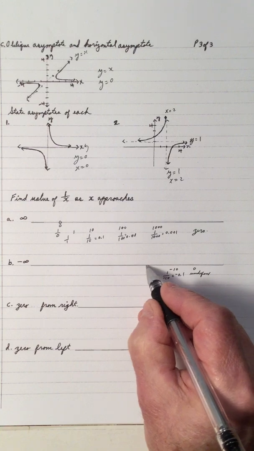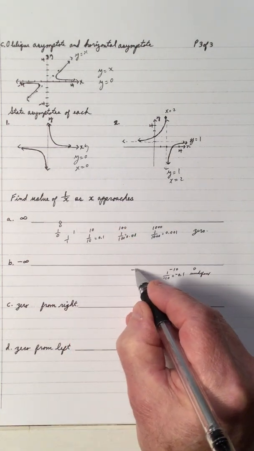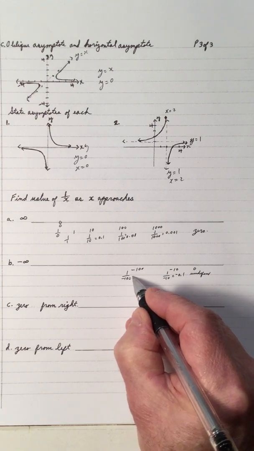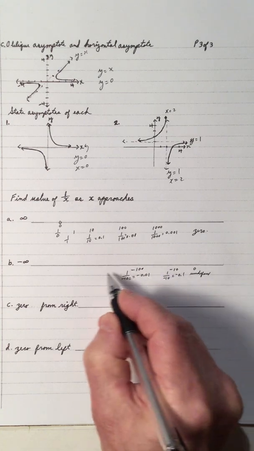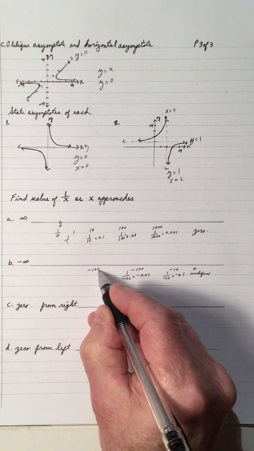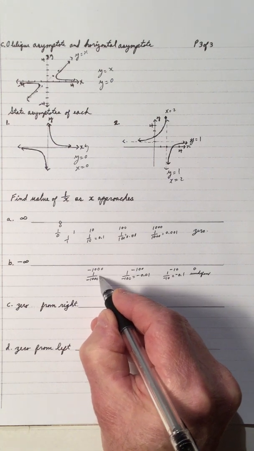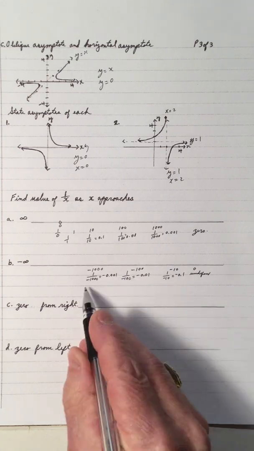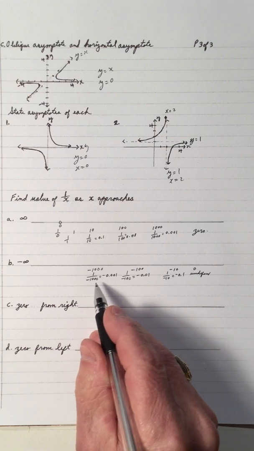As we do negative 100, it's 1 over negative 100, so it's negative 0.01. And as we go to negative 1,000, it's 1 over negative 1,000, which is negative 0.001. Again, you can see it's getting smaller and smaller.